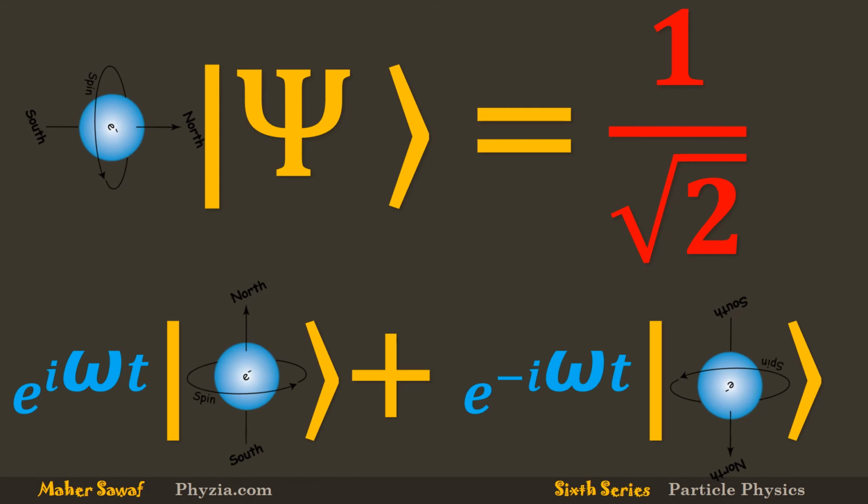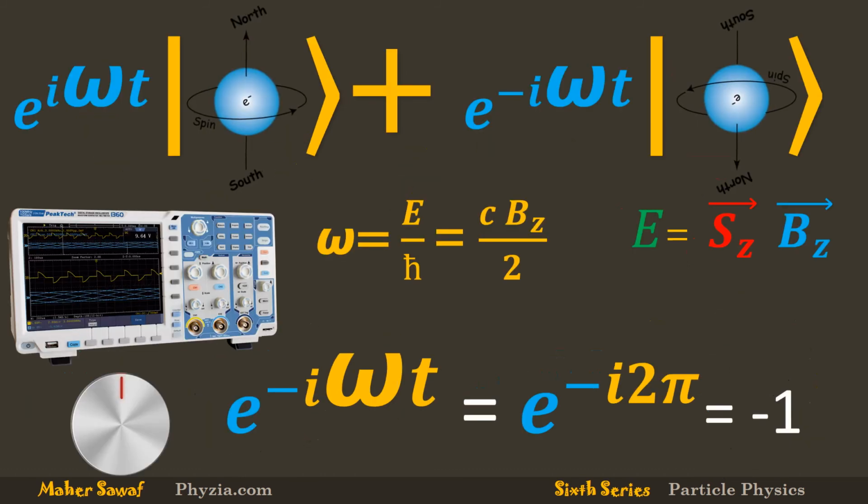Omega is the frequency of the electron. The frequency omega, on the other hand, is equal to c, a constant, multiplied by Bz, the strength of the magnetic field along the z-axis in the second stage. And this is something we can adjust in the lab. We can lower and raise the strength of the magnetic field along the z-axis.